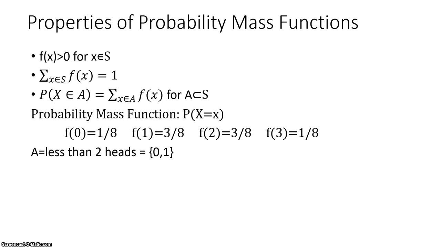Here's the probability mass function that we were just working with. If we are interested in an event A, which is that we have less than 2 heads, we know that the values of x, the number of heads, that are associated with that are 0 and 1. So if we want to find the probability that we have less than 2 heads, we can just add the probability that we have 0 heads and the probability that we have 1 head.